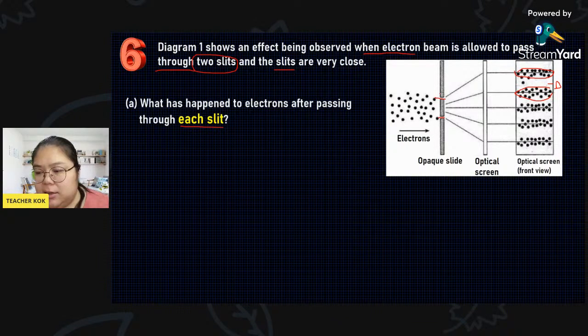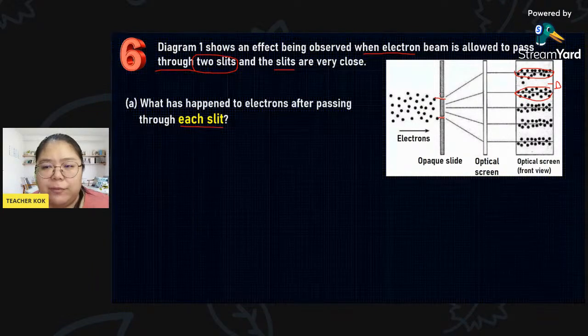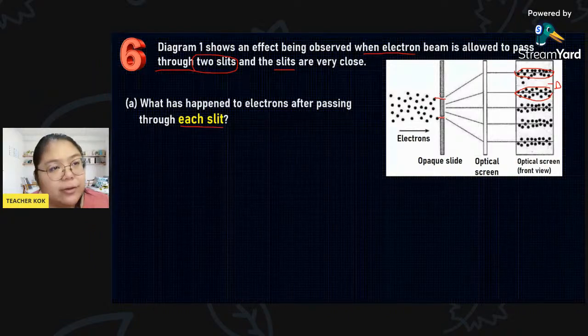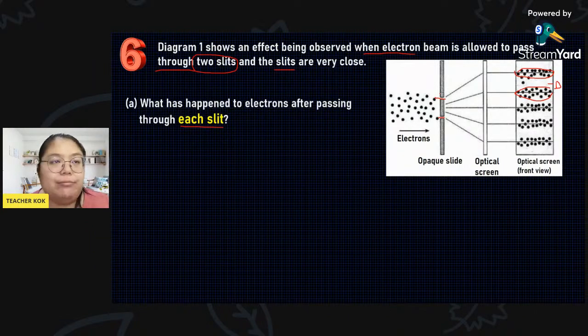Let me give you some hints for the phenomena. We learned about reflection, refraction, then diffraction, and interference. So what do you think happens when it goes through a single slit?